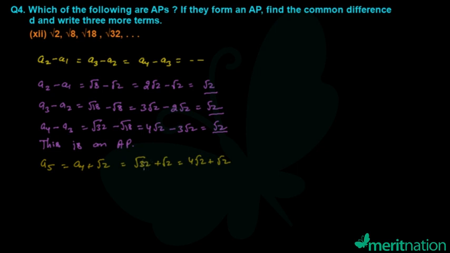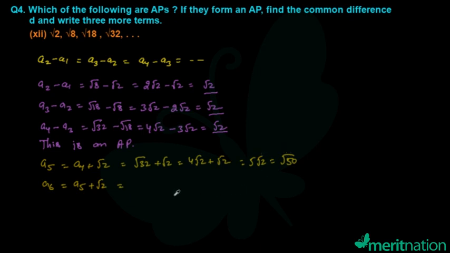Root 32 is 4 root 2 and it becomes 5 root 2, so root 50. a6 is equal to the last term a5 plus root 2, that becomes root 50. That also can be written as 5 root 2.